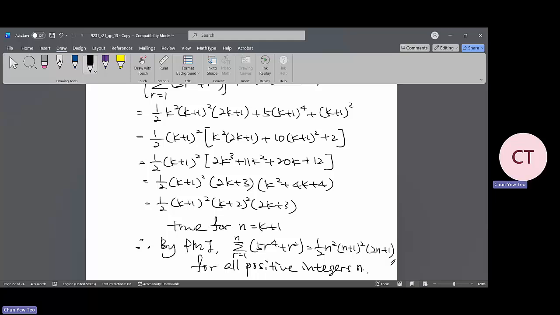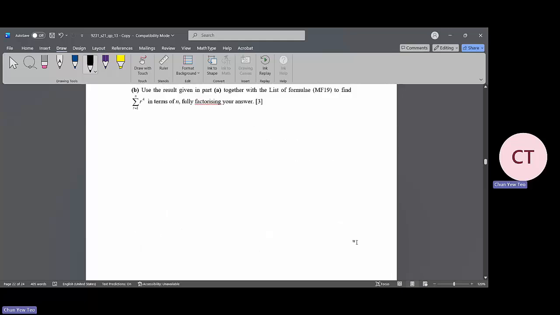Okay, to be more complete. So this will be the answer for question number 3a. Now move on, we have 3b.